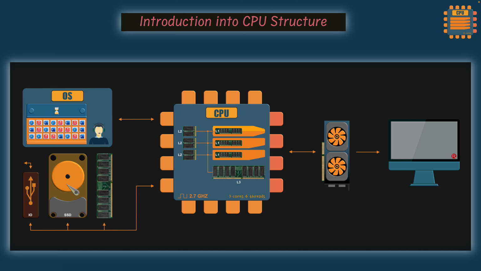The second major component is the cache memory. Divided into L1, L2, and L3, cache memory is a vital aspect of CPU performance. L1 cache is directly on the core itself. It is the fastest to access by the core, but smallest in size. L2 is a larger cache, connected individually to each core.